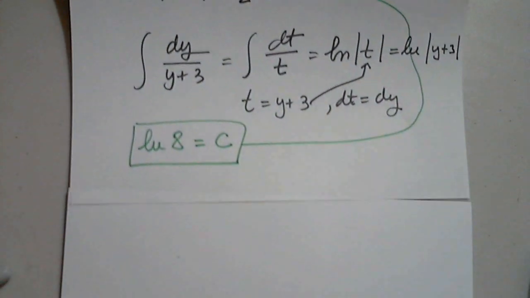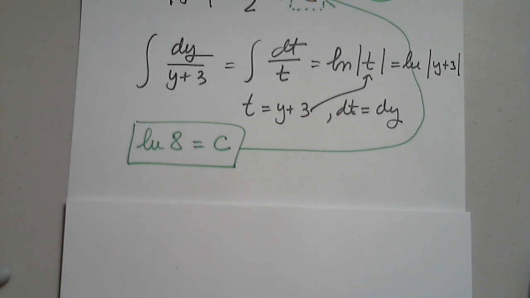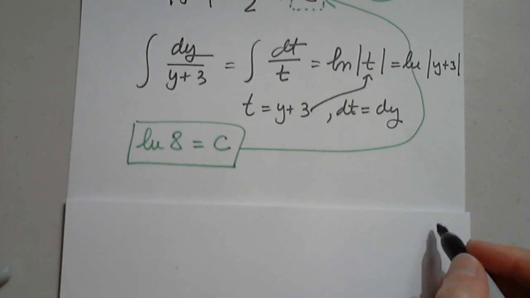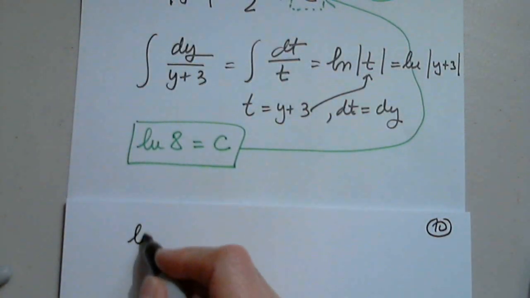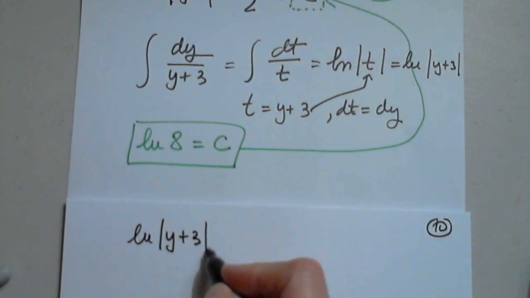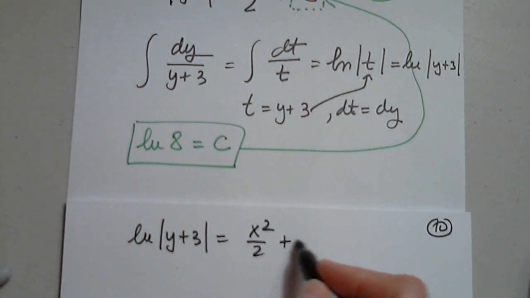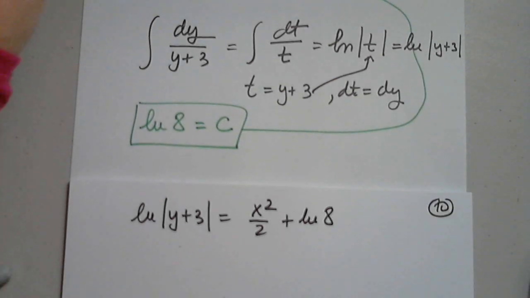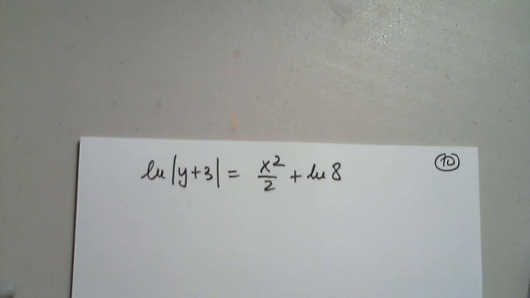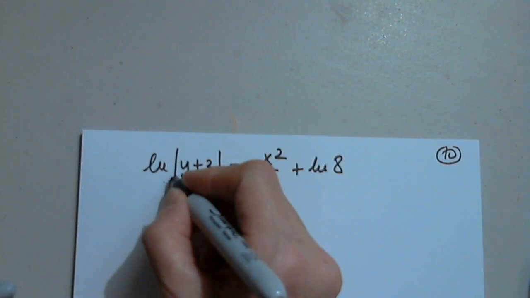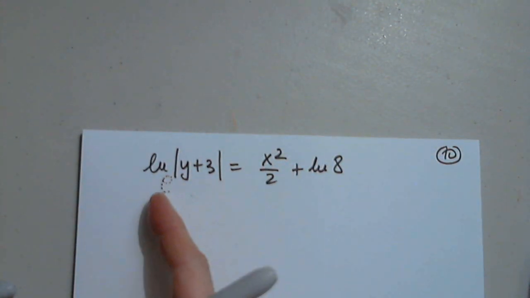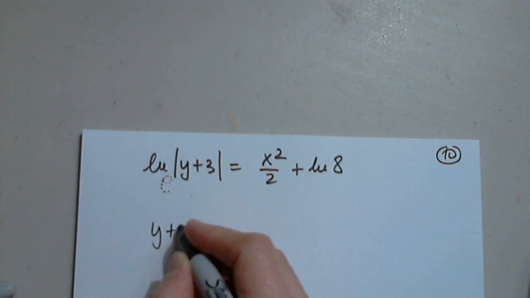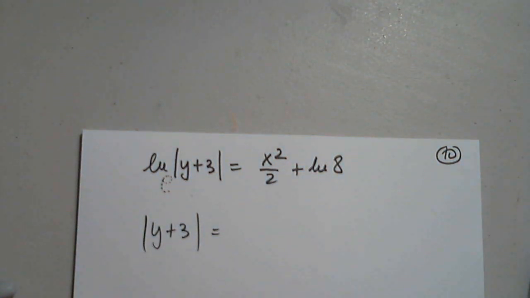So finally, we have natural log of the absolute value of y plus 3 equals x squared over 2 plus natural log 8. Now just algebra. Not a nice algebra. E to this power equals y plus 3.